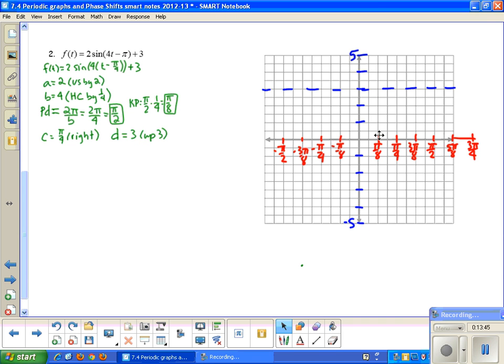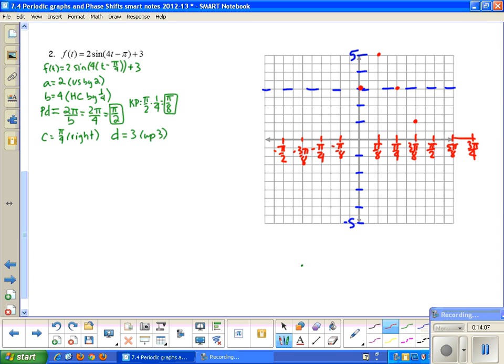And for this graph, I know that my amplitude has changed. Now my amplitude is 2, and this is a sine graph, so normally it starts at 0. So I'm still going to start here. And then the next one, remember, would go up to 5 because the amplitude is 2. So the distance from here to wherever my x-axis shifted should be 2, which it is. The next point would be right here, which would be 0.